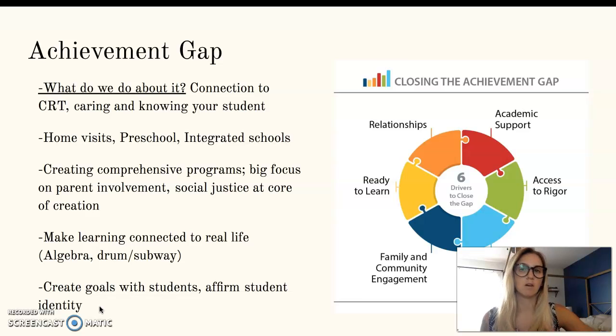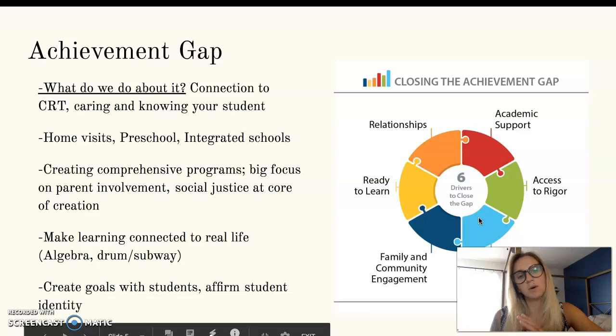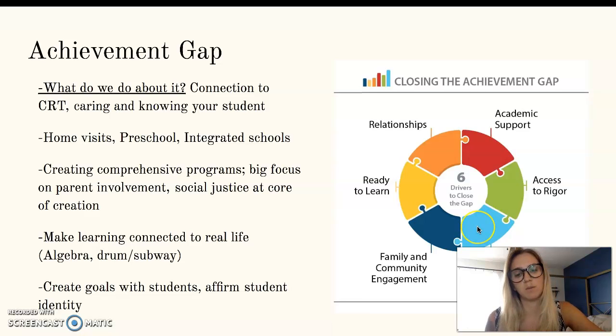Big focus on all the examples within CRT is parent involvement. And that's also showing you in this graphic here that I found the 6 different approaches to help is family and community engagement. So how are you connecting with the community, which is another focus, is that schools are a community center for learning, right?